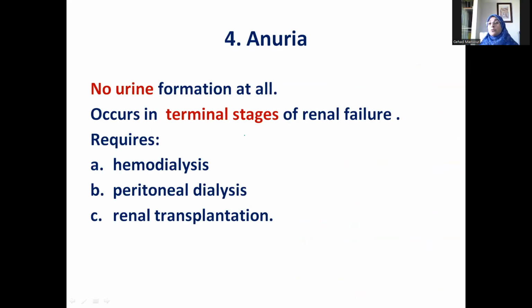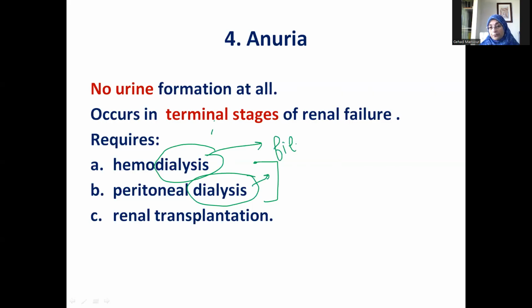And in such a case, we would need an artificial kidney, meaning a machine or a device that purifies or filters the blood. Here, dialysis means filtration or separation of substances from blood.